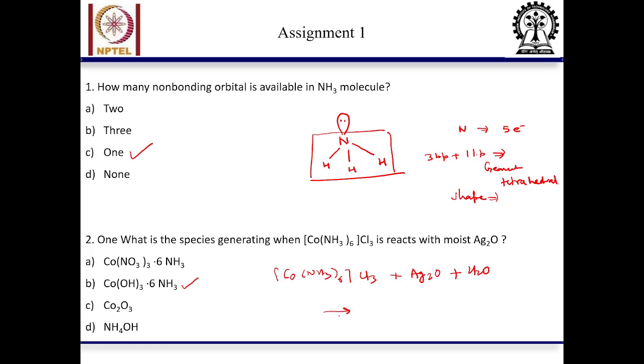So what will form is basically [Co(NH3)6](OH)3 plus AgCl. Another thing it can form.